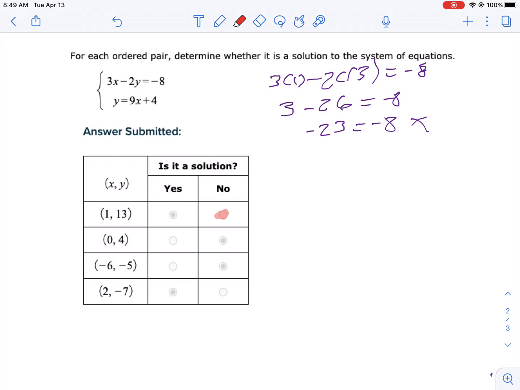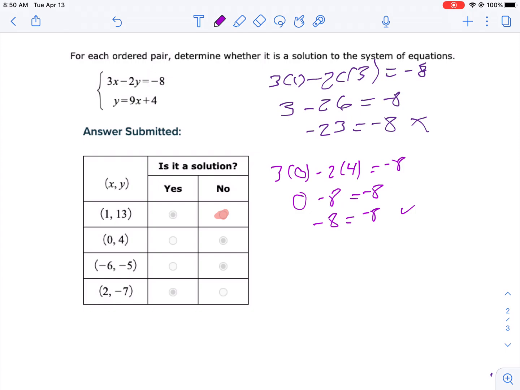Let's check the other system. Let's do the second one now. Let's do 3 times 0 minus 2 times 4. Does that equal negative 8? Well, that's 0 minus 8, which is negative 8 equals negative 8.